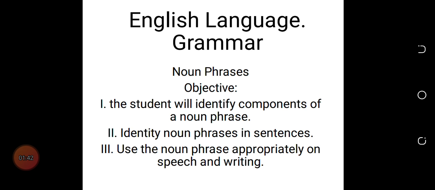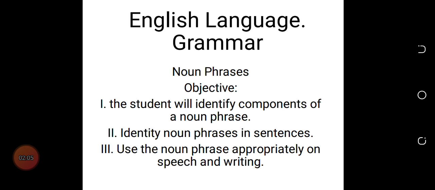All right. So, what did we say a noun phrase is? How do you define a noun phrase? Or let's look at a phrase in general. What is a phrase? We define a phrase to be a group of words without a finite verb.